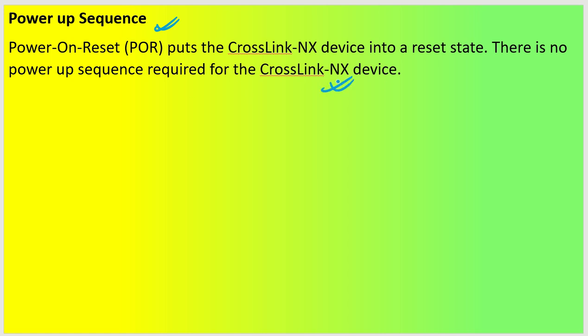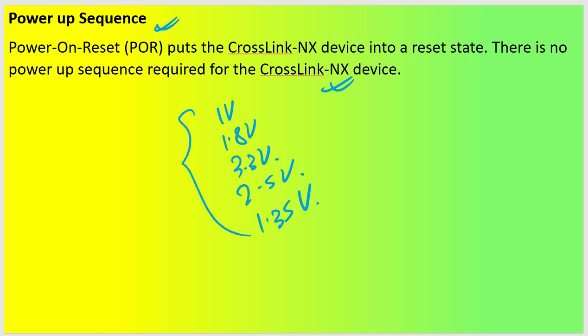Let us say you have a requirement of 1 volt and 1.8 volt, and let us say 3.3 volt VCC, or 2.5 volt VCC, and 1.35 volt for your DDRs and all. For all these voltage rails, there will not be a requirement of any power up sequence. Which voltage should come up first or last is not a problem at all.